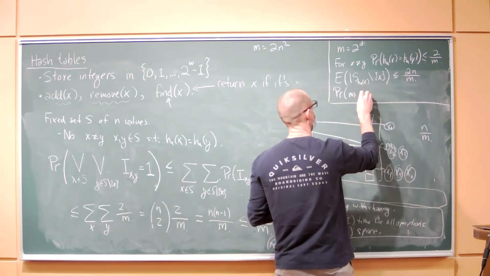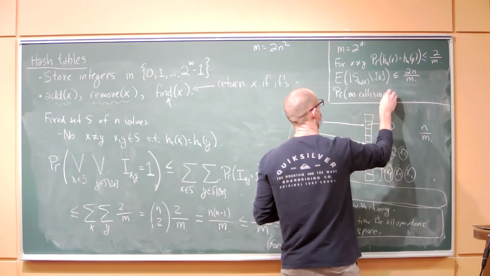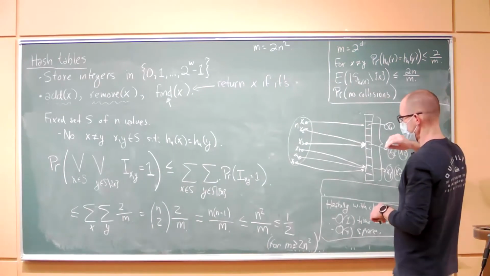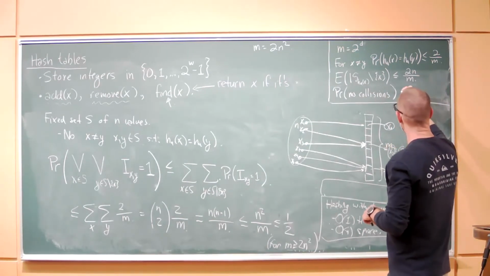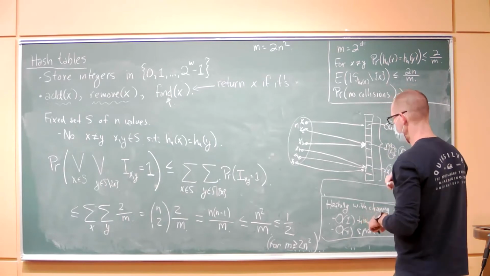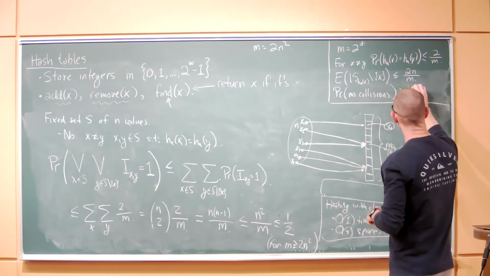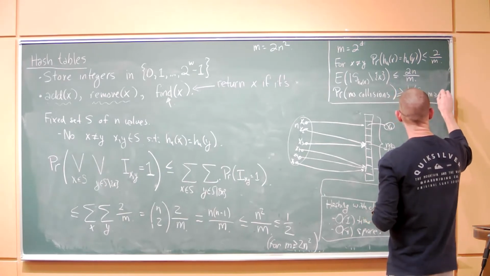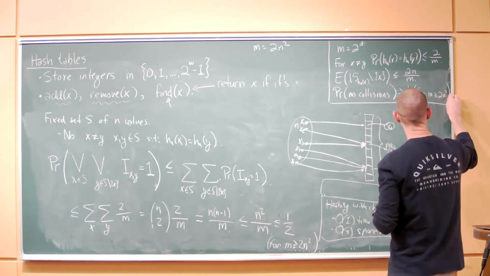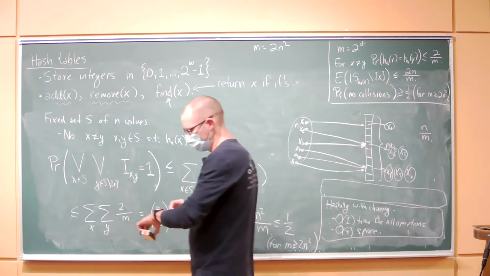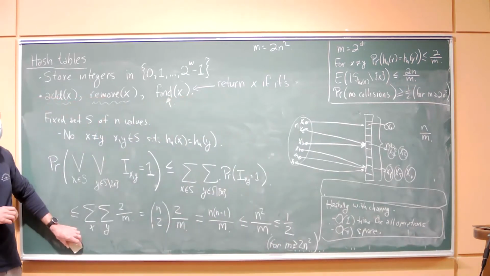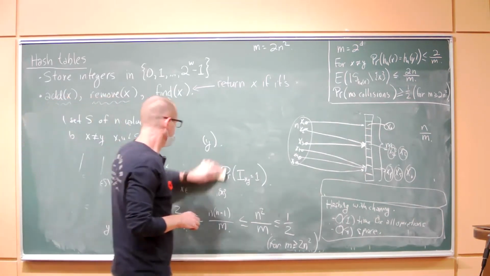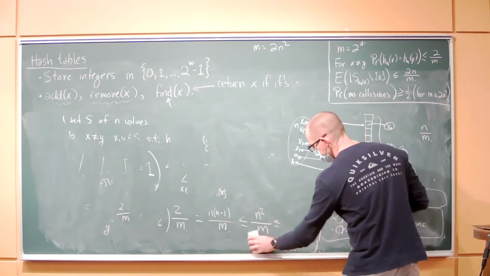The probability of no collisions, meaning everybody gets their own table slot, is bigger than or equal to a half, but that's only for m bigger than or equal to 2n squared. Nice to know, but not satisfying from a data structure perspective. We don't want to spend that much space.